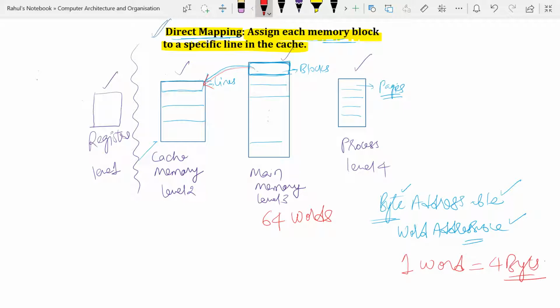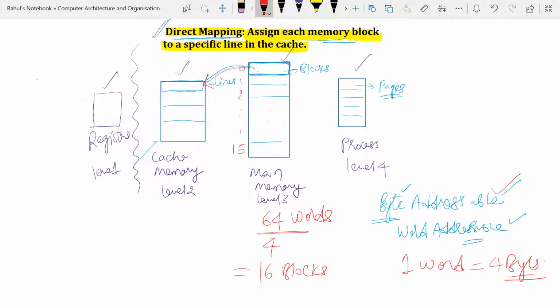Then how many bits of memory would be required to represent it in blocks? So a 64 word main memory is there, and we are talking in terms of byte addressable, and one word equals 4 bytes, so dividing by 4, it equals 16 blocks. So you can understand it like 0, 1, 2, up to 15.